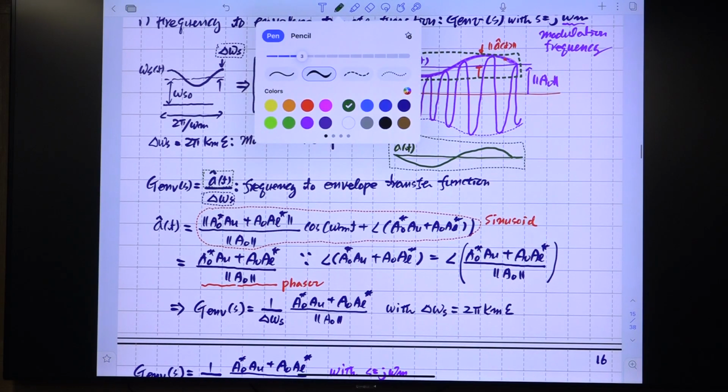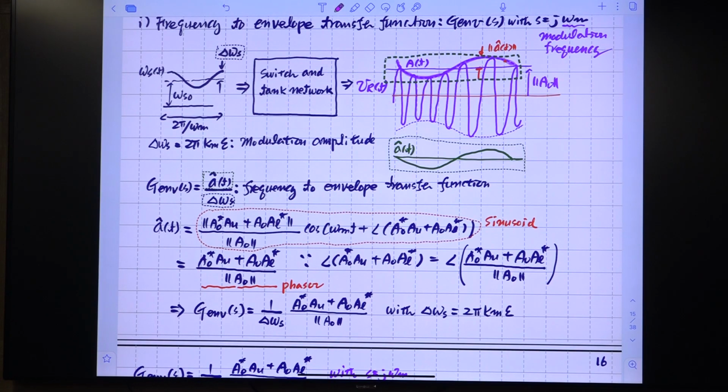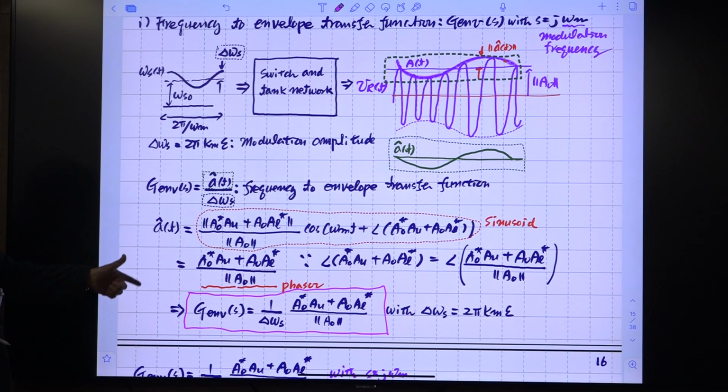Okay, let me highlight this. So you know the meaning of this, right? You maybe don't know all the details about the derivation of everything, but you know what we are trying to do and what this expression is telling us.